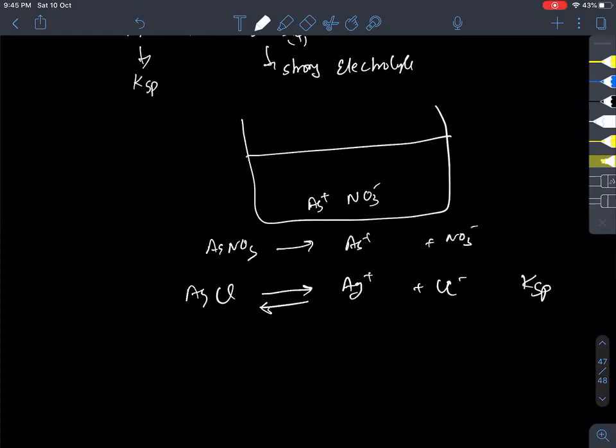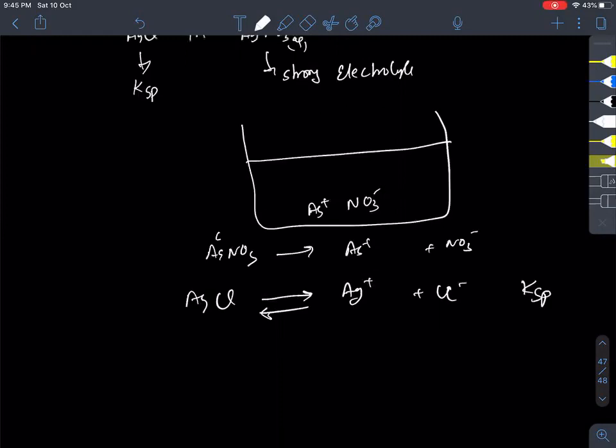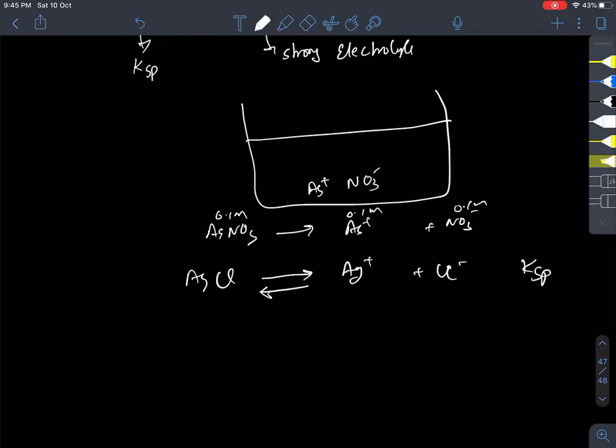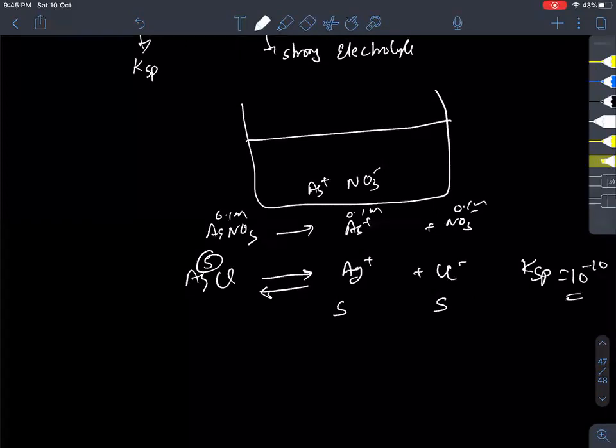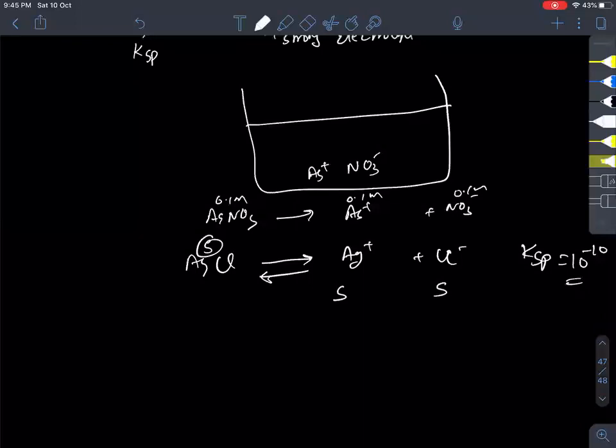So suppose its concentration is 0.1 molar, then how much Ag+ will be there? If its solubility is S, it is supposed to be S and S. Because the value of Ksp is generally very, very low, like 10 to the minus 10, minus 11, minus 12, minus 8, then this solubility used to be very, very less.